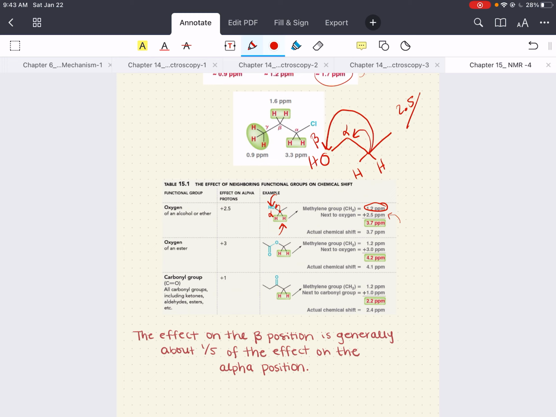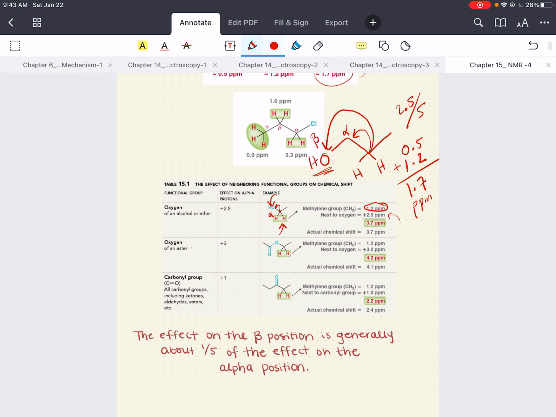Instead, it's only going to be 1/5 of that. So an alcohol group in the beta position is only going to have an effect of 0.5 on the chemical shift. So your methylene is 1.2, you're simply going to add 0.5 to that, so it's going to be a 1.7 ppm signal that's going to show up for this kind of structure.